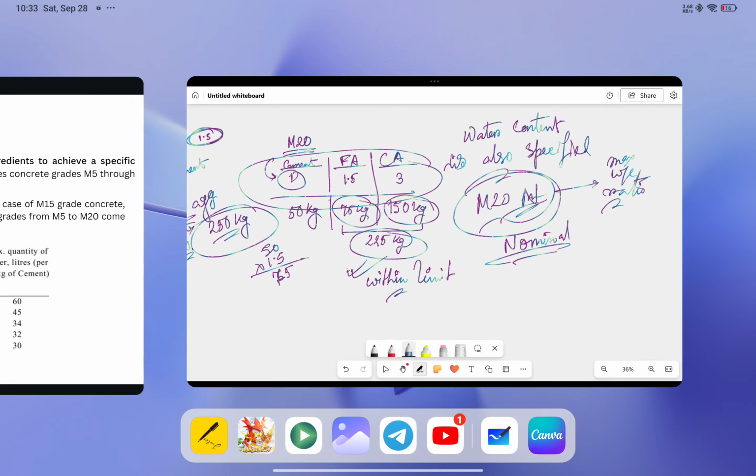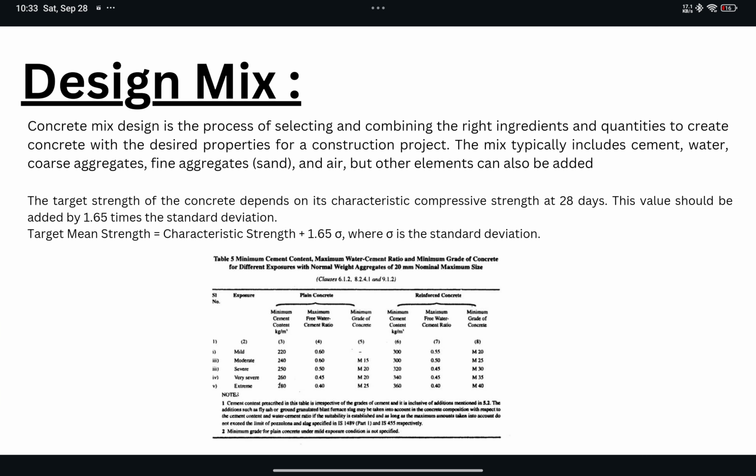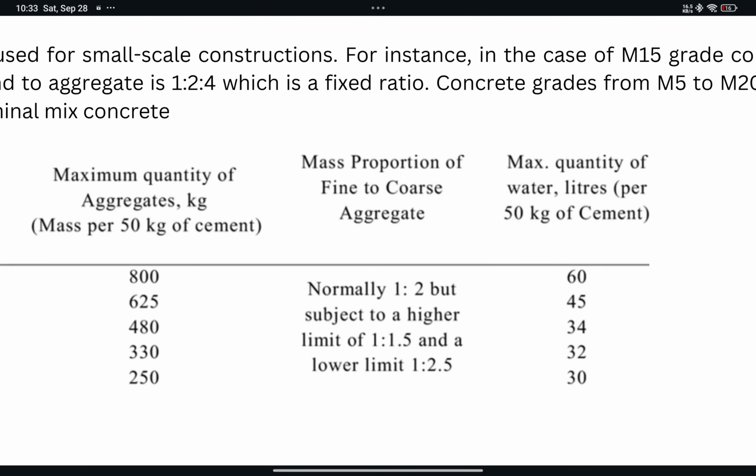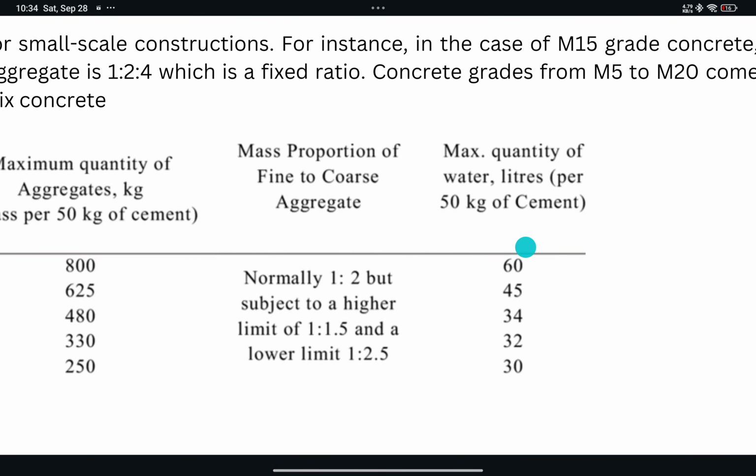So now here we will discuss that. This is for M5, that is 60 kg. The maximum water quantity is 60 kg for 50 kg of cement, and then 45, then 34, then 32 and 30.